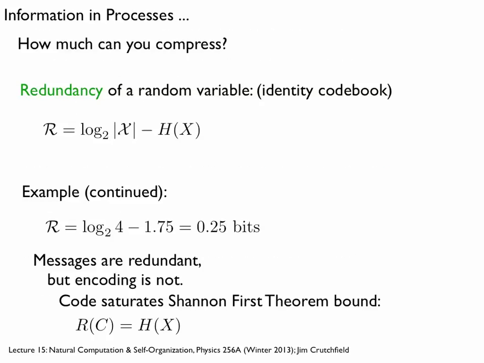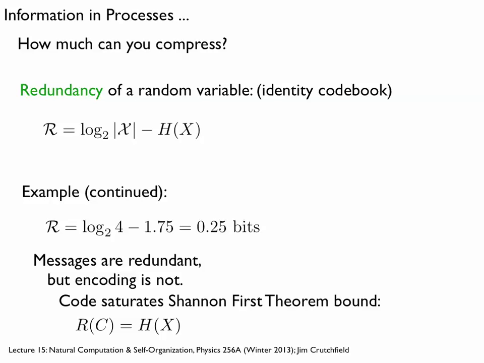One way of measuring that is called the redundancy of the information source. Kind of compare this quantity that gives us a measure of the optimal compression we can do against what you might call the identity codebook. So in the case of the 4-letter information source, we just give them 2-bit code words each, and then we have log of 4.